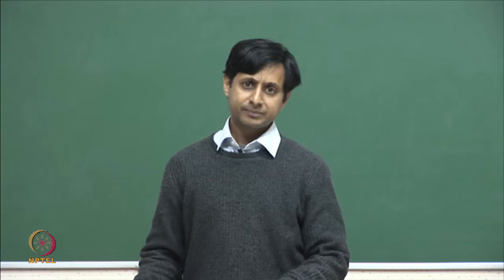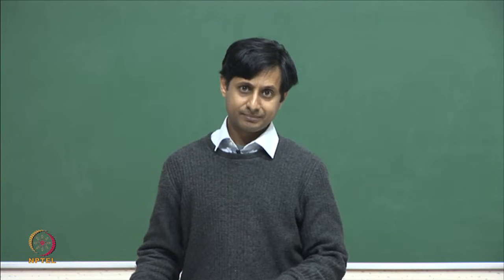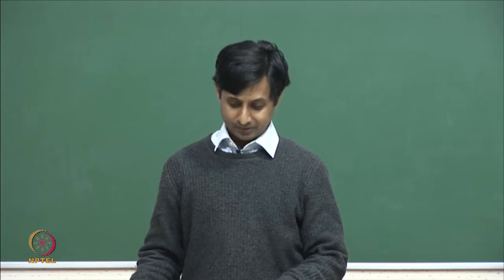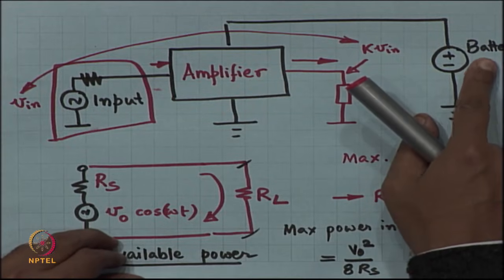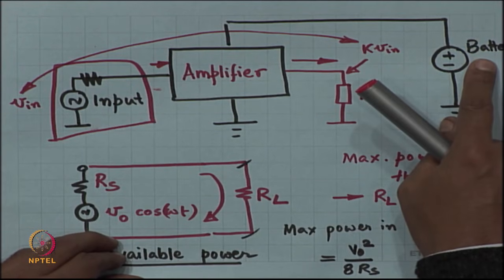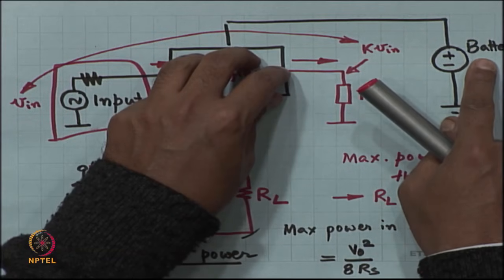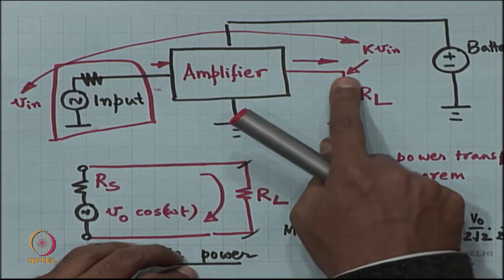Why not? Because the battery is going to produce power at DC. So, if this circuit is passive, then DC power will remain DC at the output.